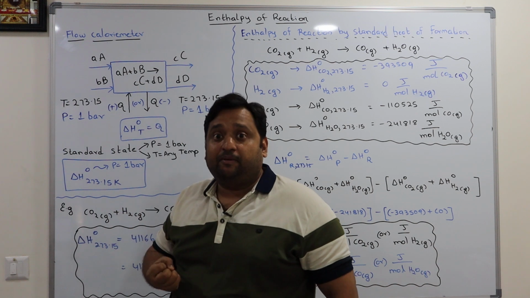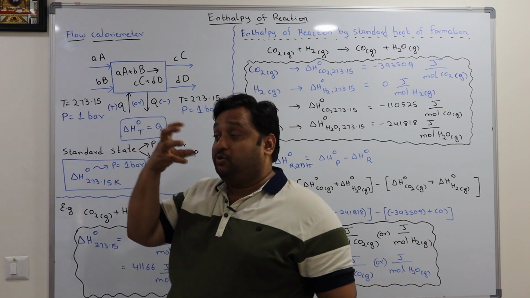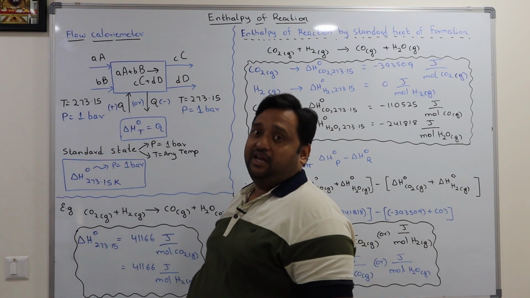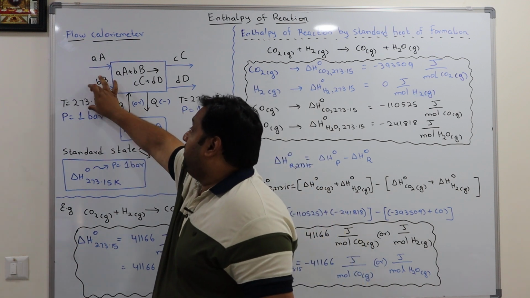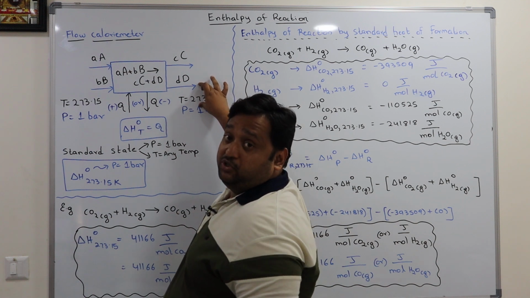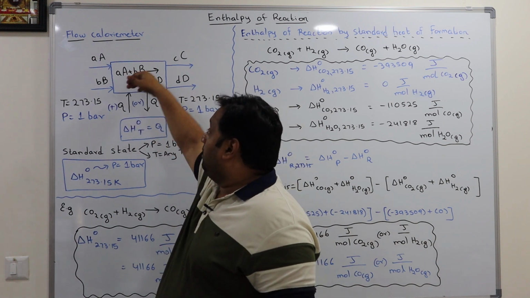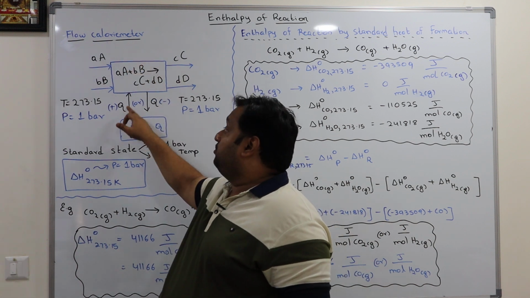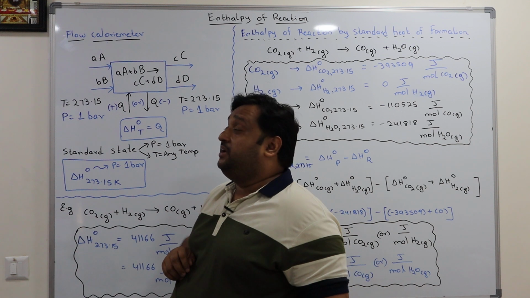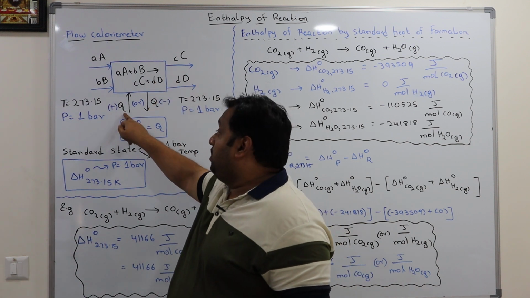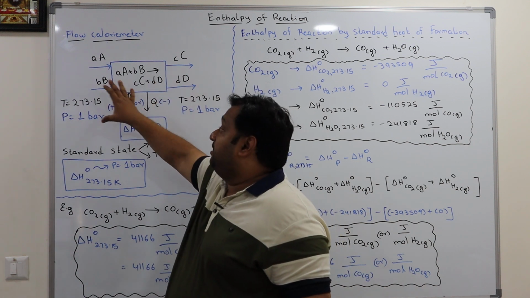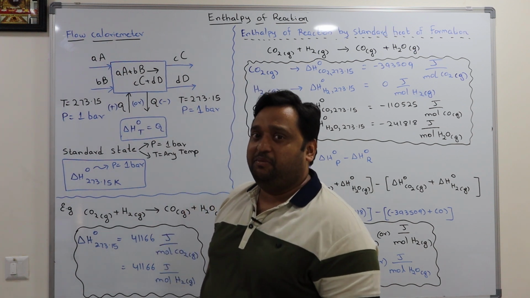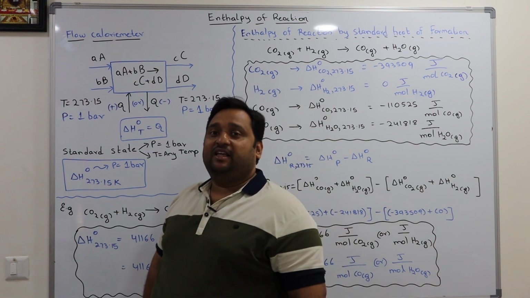Again, you reduce the temperature back to the specified temperature, 273.15 Kelvin. That means the initial and final temperatures should be the same, so either you have to absorb the heat or you supply the heat. If it is an endothermic reaction, you have to supply the heat. If it is an exothermic reaction, you have to remove the heat. The Q is nothing but the enthalpy of this particular reaction.